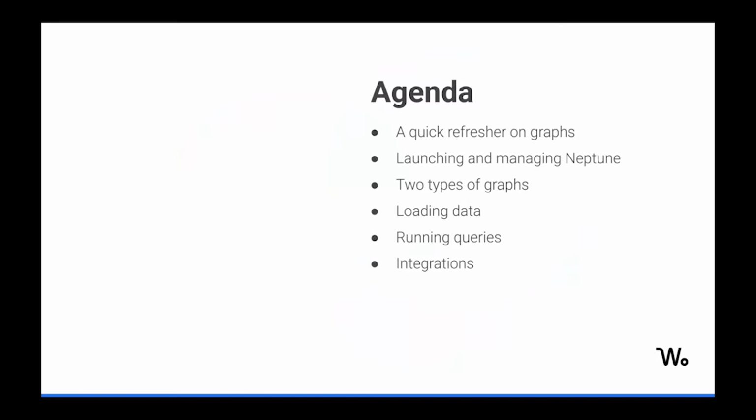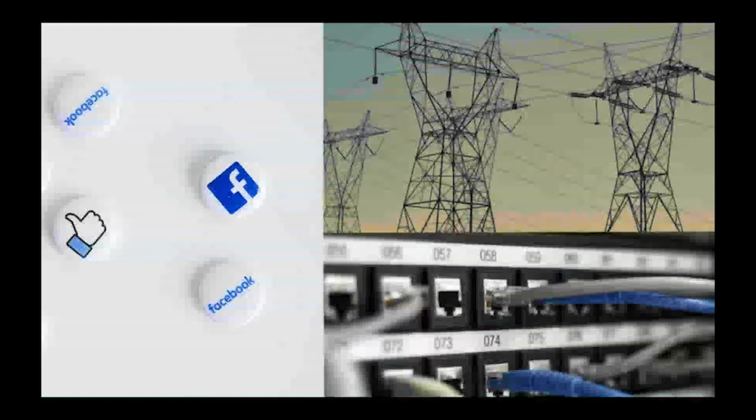So I'm going to just give a super quick intro to what graphs really are. And then we're going to start looking at Neptune from the console and talk about graphs more in depth and look at actually working with graphs in Neptune.